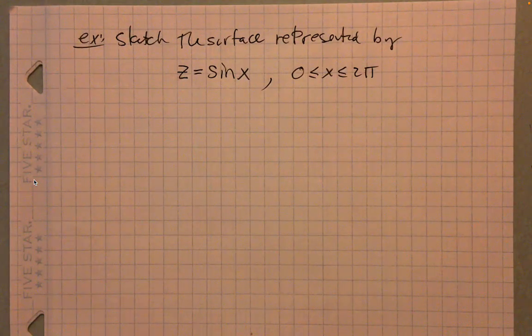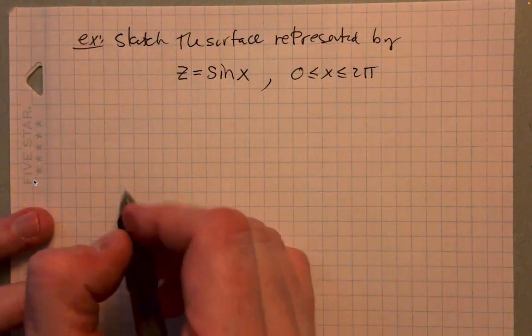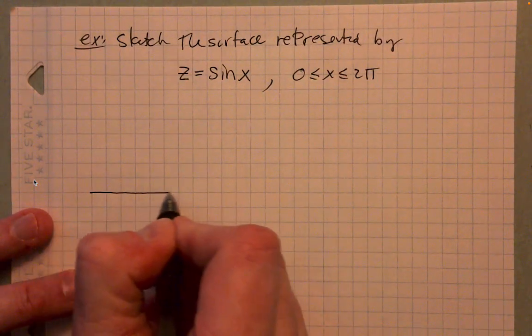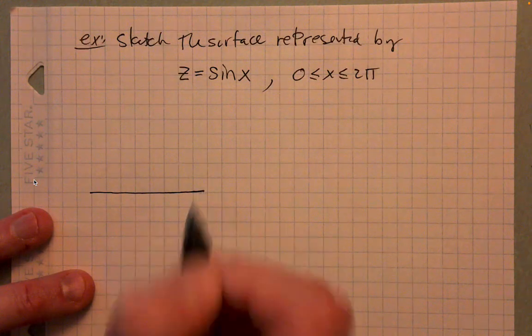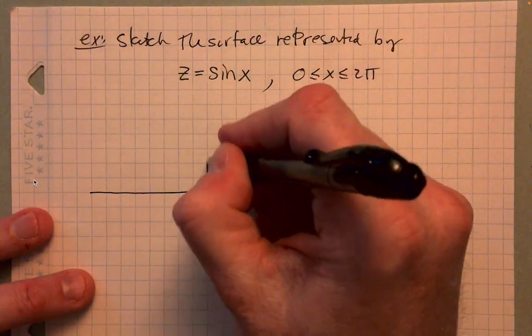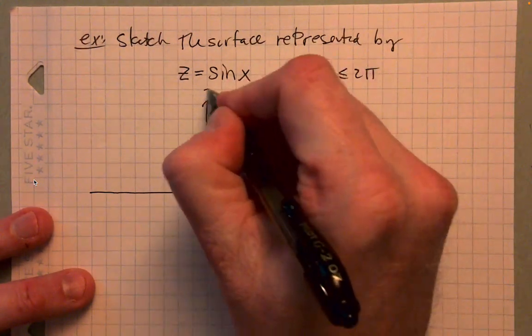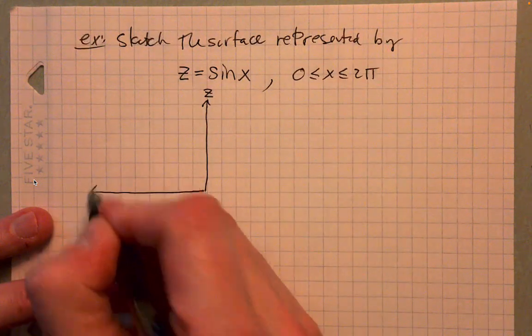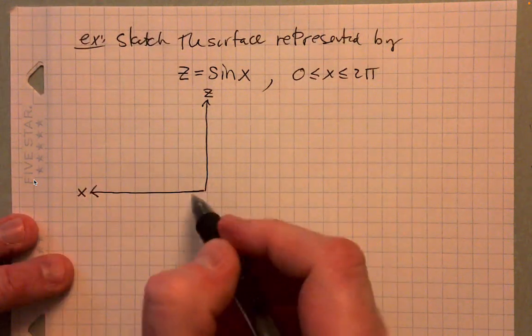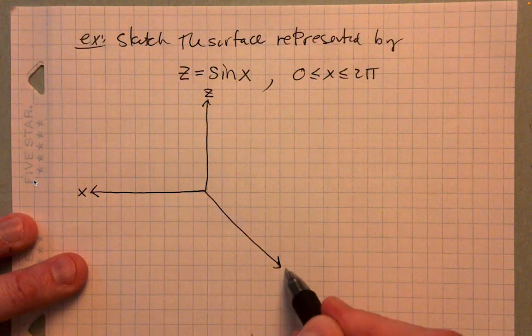For this one I'm going to twist my visual a little bit. I think this will be a good idea. So here's my z-axis, here's my x-axis, and then we'll make the y kind of go like this.